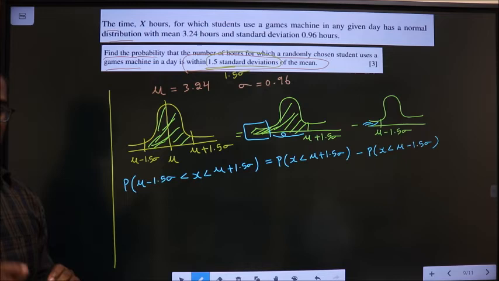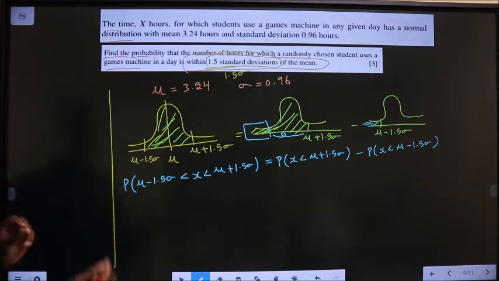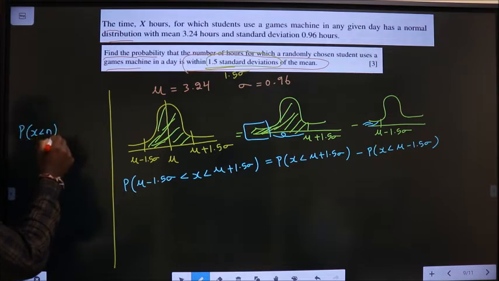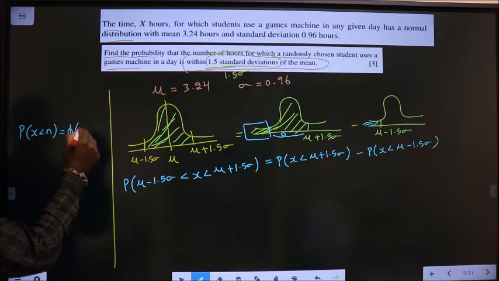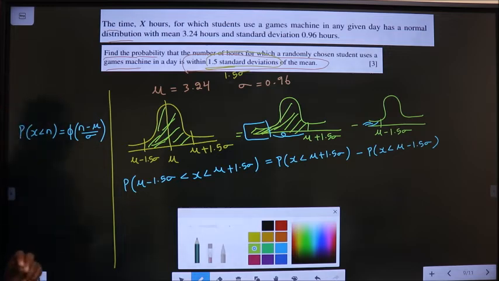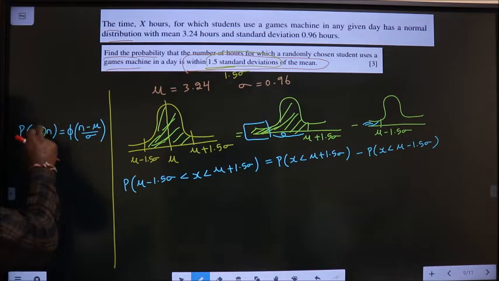Now, in every normal distribution question we have to make use of this one, and that is P of x less than n is nothing but phi of (n minus mean) by standard deviation. Here you should check this symbol.